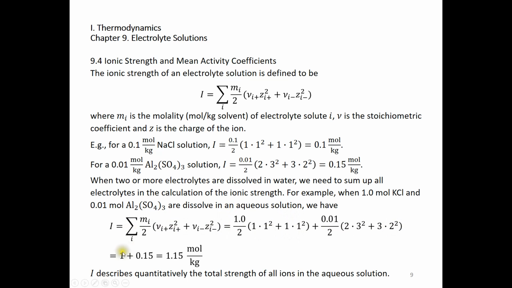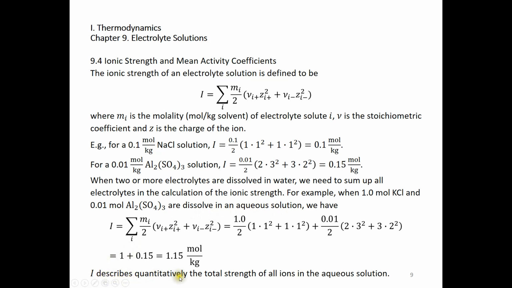So this part is going to be just 1, and this part is going to be 0.15. Together, the ionic strength of this solution is 1.15 mole per kilogram solvent. Sorry if I forgot to mention, in this example we use 1 kilogram of water, so we're going to assume 1 kilogram of solvent in this aqueous solution.